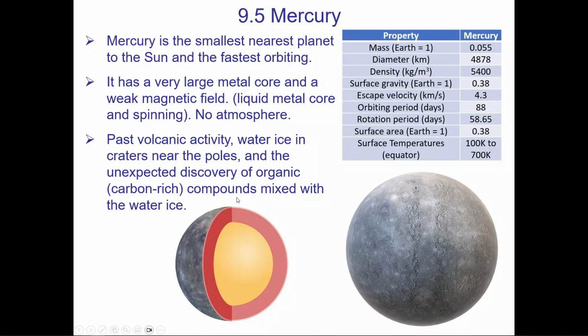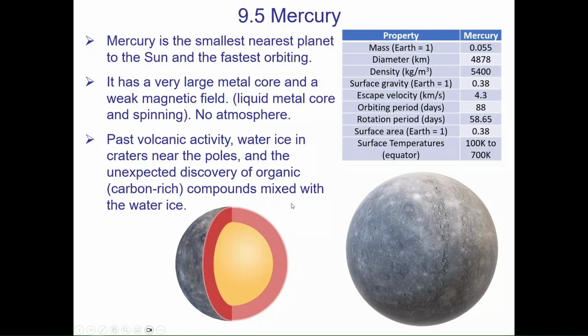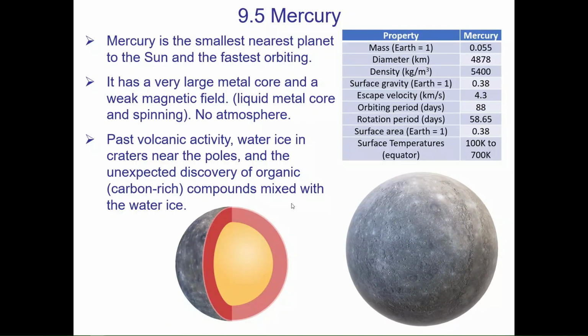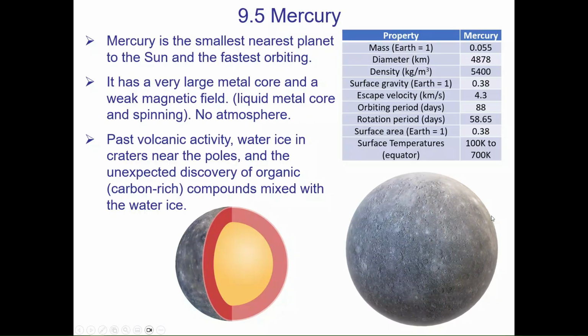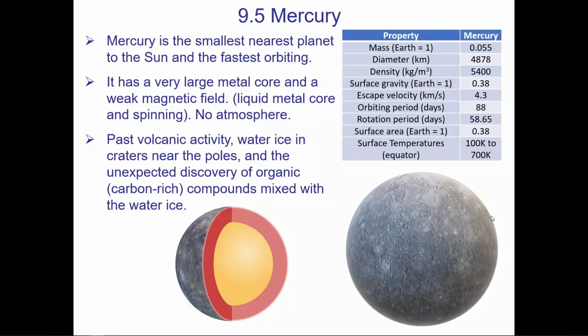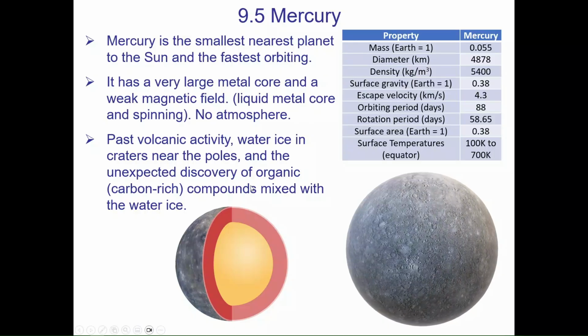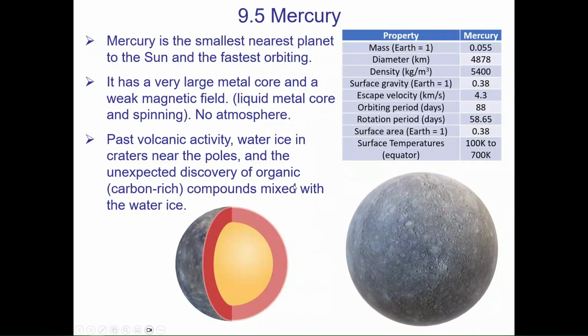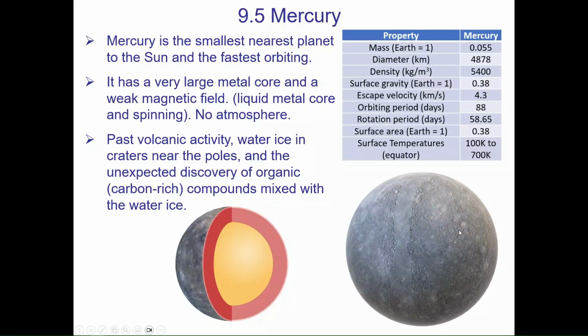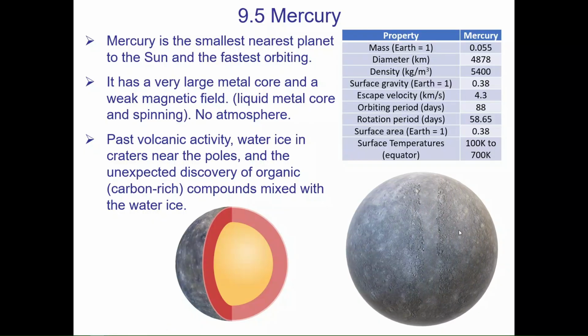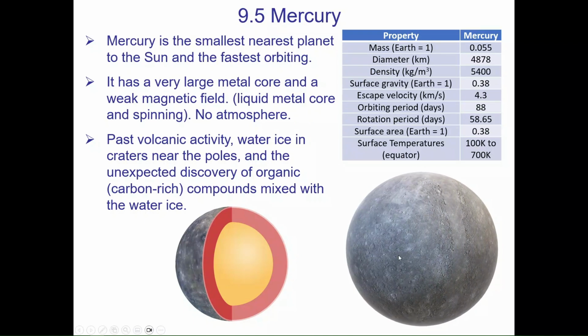So that is actually very interesting. Then we can see where this carbon-rich compound comes from. Does that link to possible past life on Mercury? So this gives us a lot of information for us to explore Mercury even further. But for now, you can see definitely Mercury is not a habitable place.